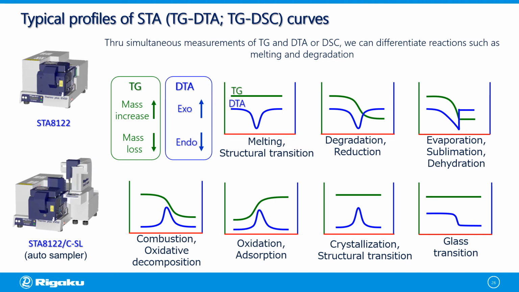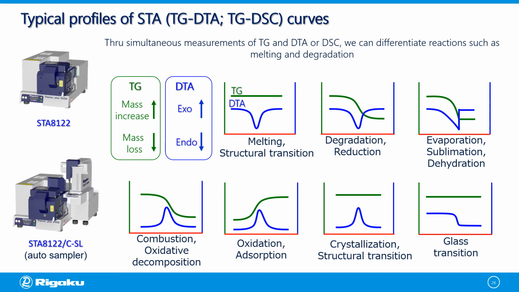The typical profiles obtained by STA are shown in this slide. The TG is indicated by the green curve, which may result as no change in mass, or an increase in mass, or a mass loss reaction.